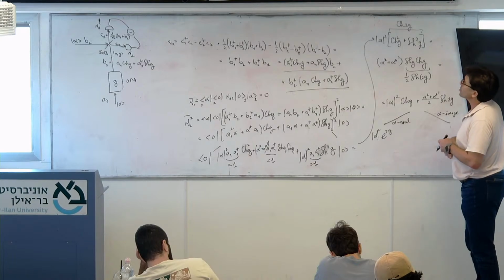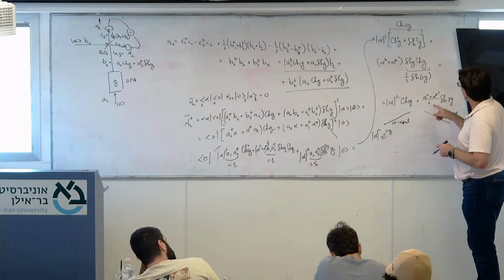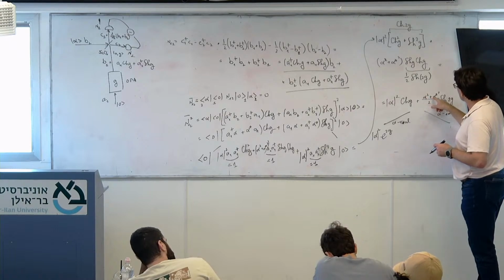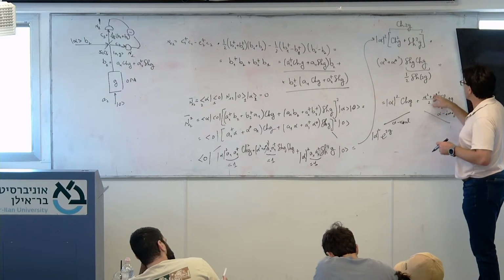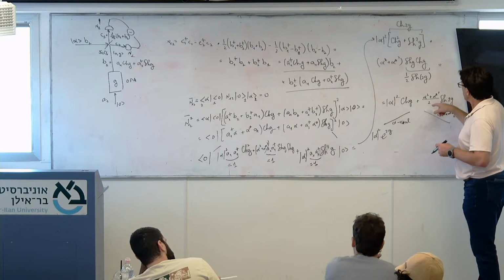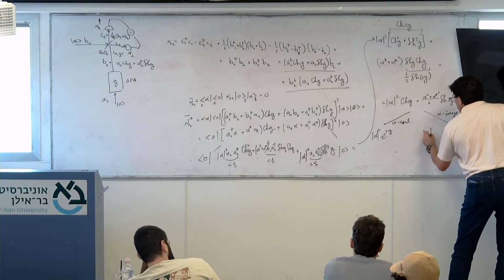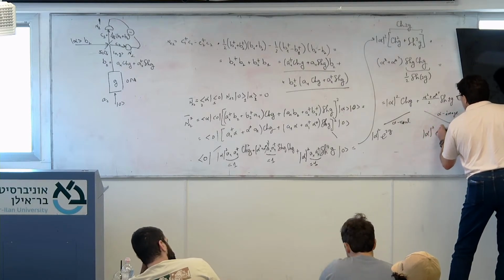Wait. So if alpha is imaginary, then this is a minus, and this is also a minus. So in this case, we will just end up with alpha absolute value squared e to the minus 2g.